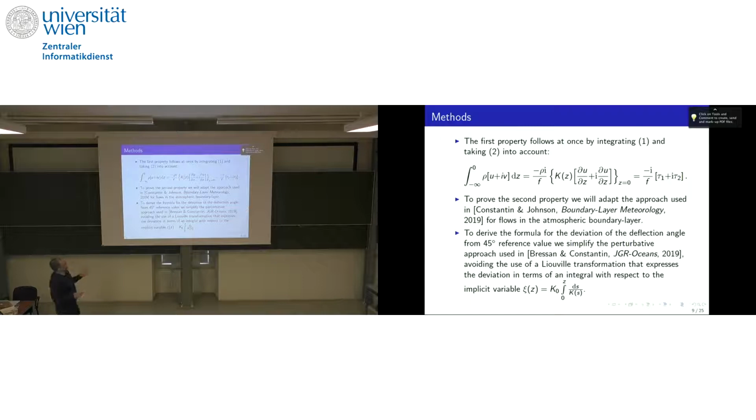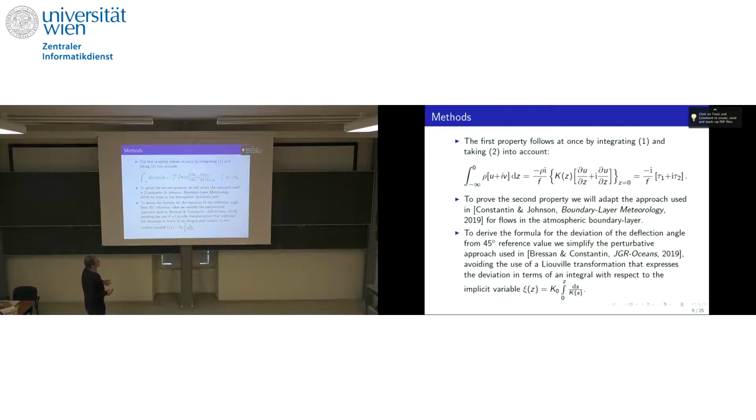This is the 90-degree property that always holds. For the second property, that the wind drift current is a spiral that decreases and rotates, I will adapt an approach that we developed with Robin Johnson in a recent paper about atmospheric flow. So I will adapt this to the ocean context.